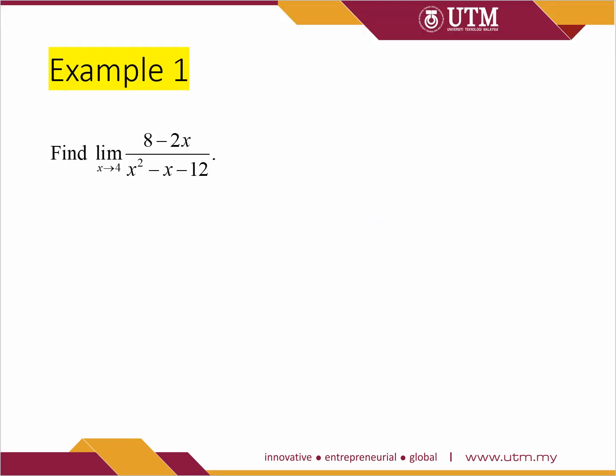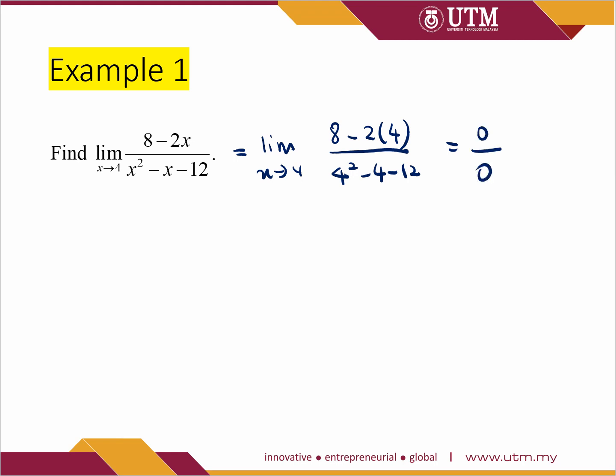Now let's try this example. Find this limit, given that x is approaching 4. If we substitute x equals 4 into this limit, you will get 8 minus 2 times 4 over 4 squared minus 4 minus 12, which is equal to 0 over 0.